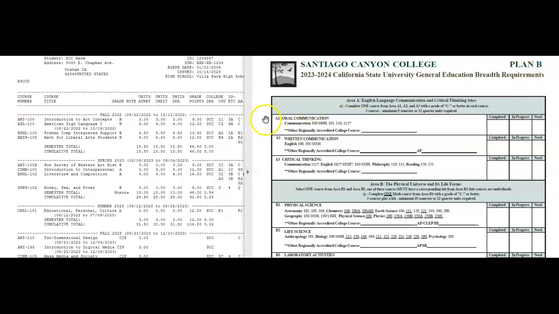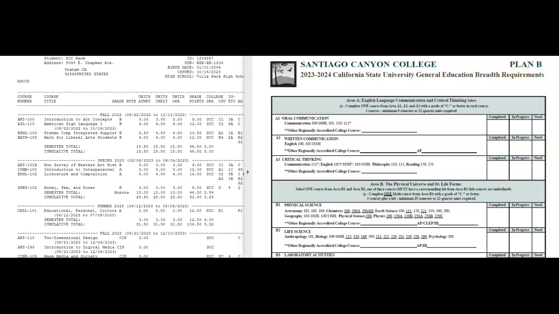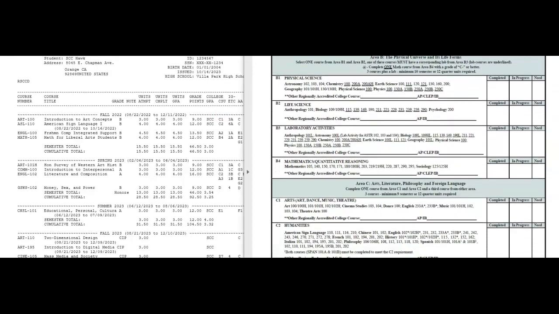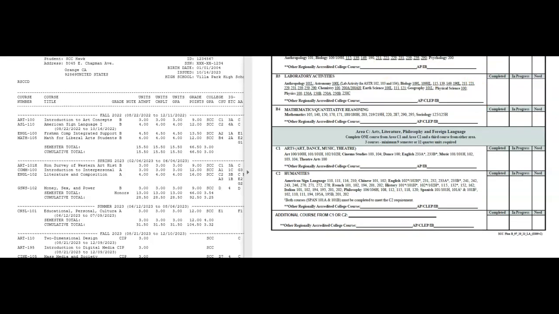For this particular student, the area that we need to identify is C1. So we are going to go to C1 here. Hopefully you're following me. You are identifying this class under area C1. See how it matches up with C1 there? And guess what? We found Art 100 that the student completed.